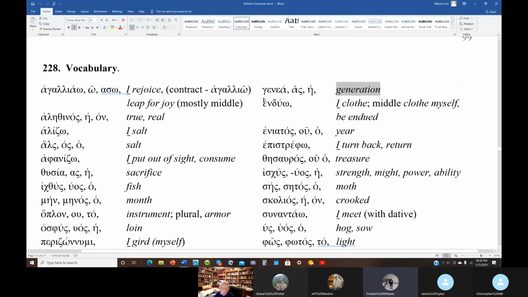Induo, it's two words, a compound word, in and duo. And so this is to clothe yourself. It's usually in the middle voice, and that would be to clothe yourself, be endued. You find that several times in the New Testament. Sometimes it's written as induno.